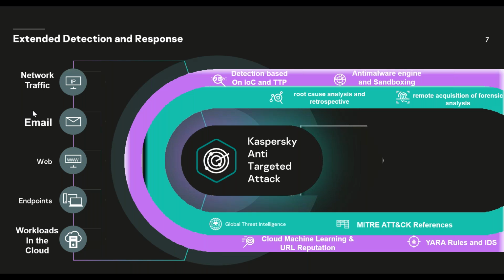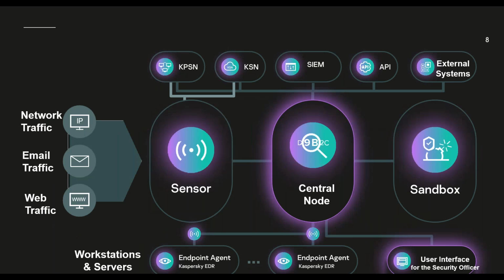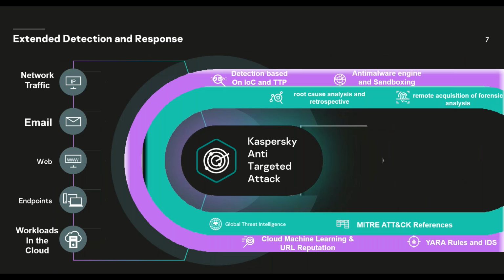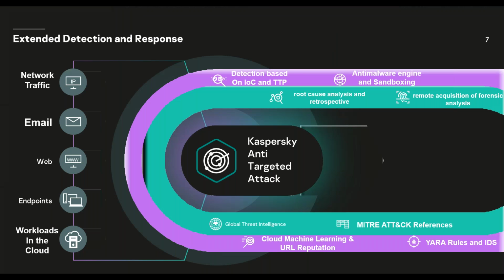So Kaspersky Anti Targeted Attack includes two functional blocks, right? One of them is the anti-targeted attack portion of it, which provides perimeter security for the enterprise infrastructure. And the other portion of it is the EDR. So what do we mean by EDR?